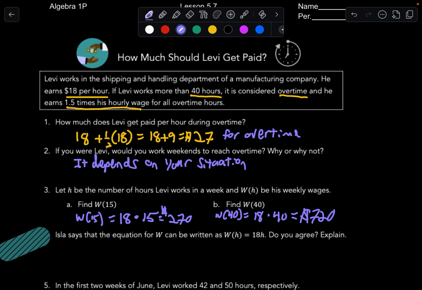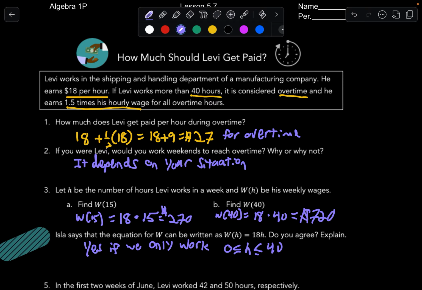Isla says that the equation for W can be written as W(H) equals 18H. Do you agree? Well, that's only if you work between 0 and 40 hours. Yes, if we only work hours from 0 to 40. All right?